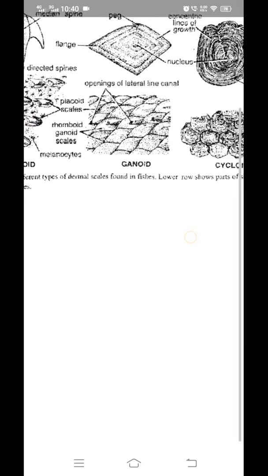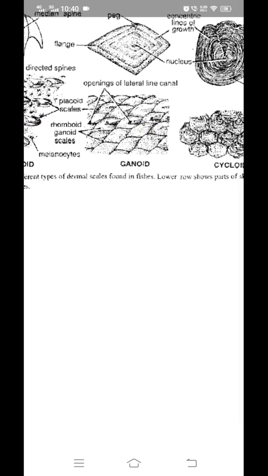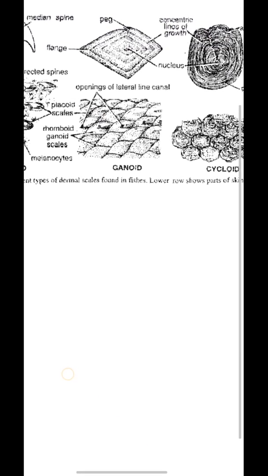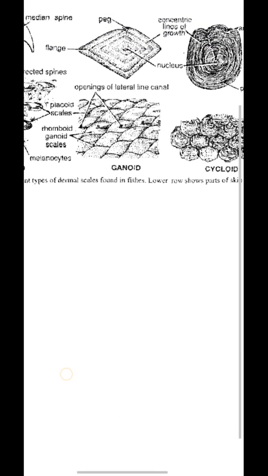Now another one are the ganoid scales. As you can see here in the diagram, these are the ganoid scales. The ganoid scales are also known as rhomboid scales. These are thick, usually rhomboid or you can say diamond shaped in structure, which closely fitted side by side like the tiles, that provides a bony armor to the fish for protection.